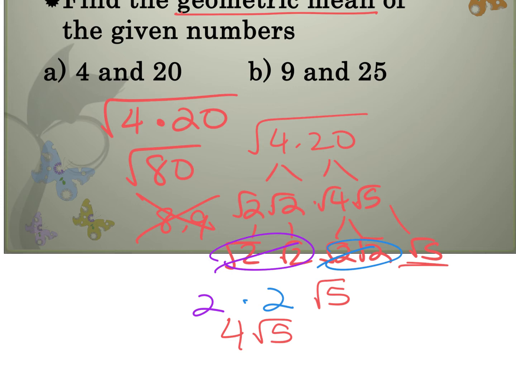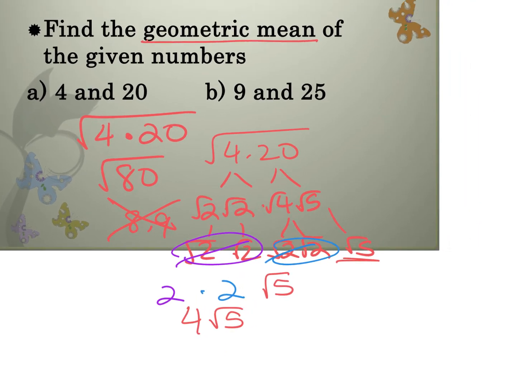So either way, if after you multiply them it's not a perfect square, you still have to go back and break it down. So you're better off leaving it unmultiplied and just doing a factor tree with those two numbers. Everybody with me on that? All right, now the next one.